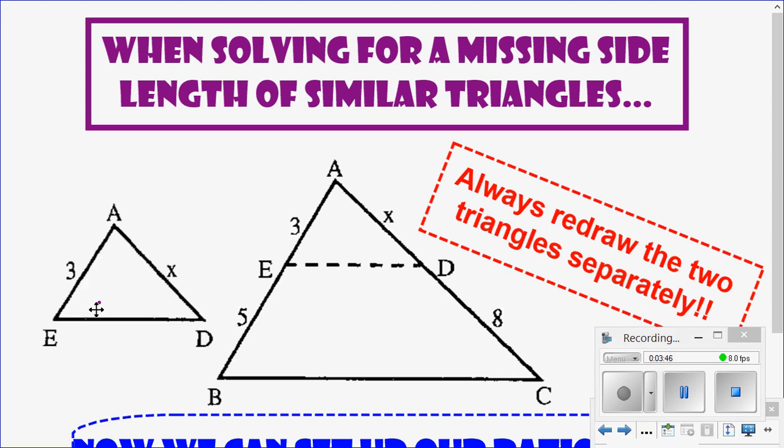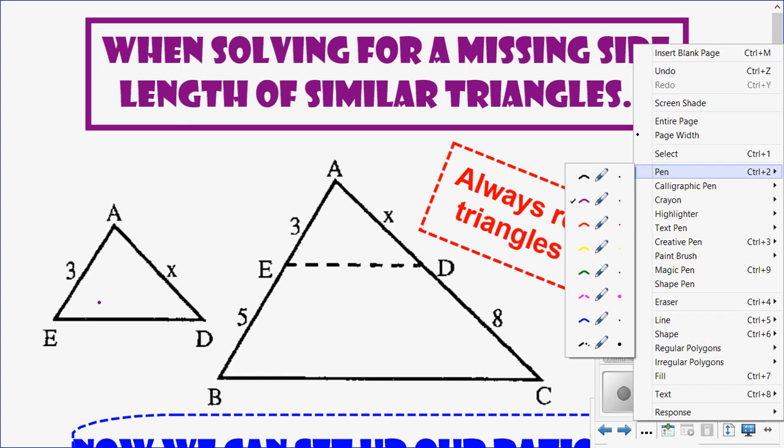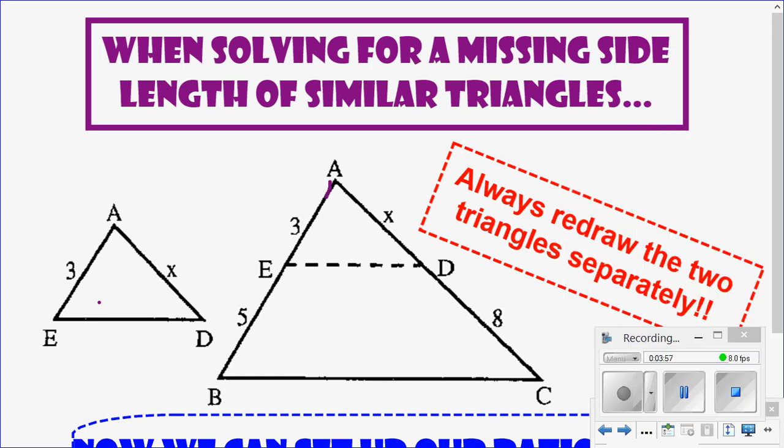Okay, so triangle AED, just going to draw it right beside the large triangle. And when I'm looking at the large triangle, I'm looking at triangle ABC. Okay, so when we're writing our ratio or proportion, we have to be sure that we appropriately line up or match up the corresponding side lengths.